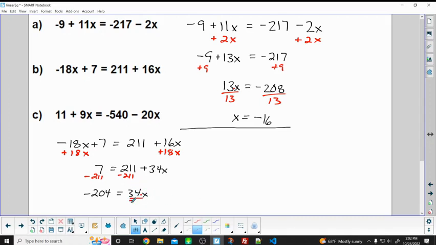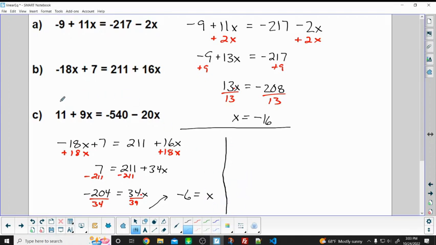So I'm going to divide by 34. Let me put that in my calculator. Negative 204 divided by 34, that's negative 6. So we have negative 6 is equal to x. That's our answer, negative 6.